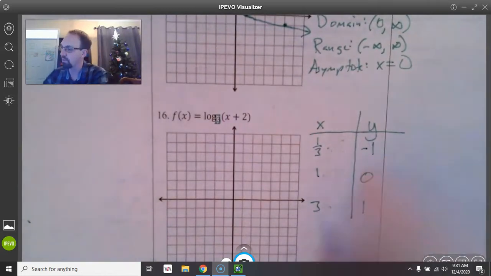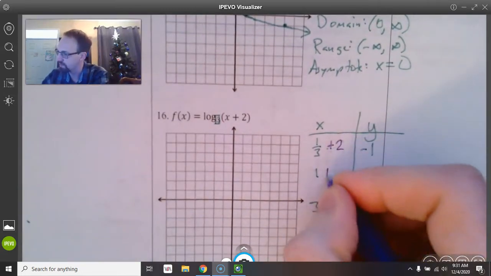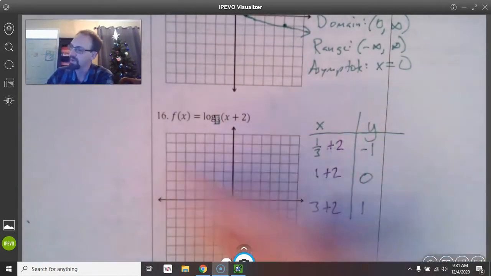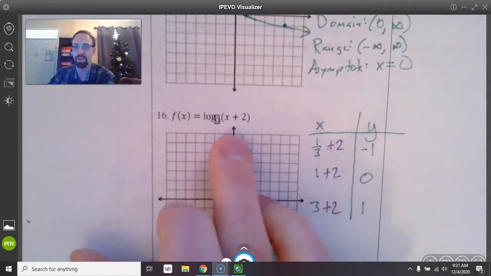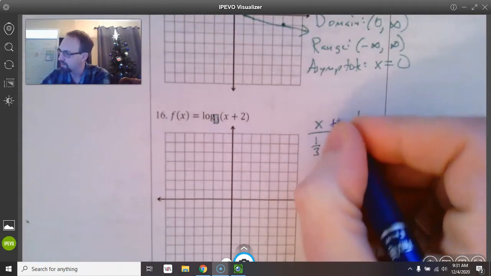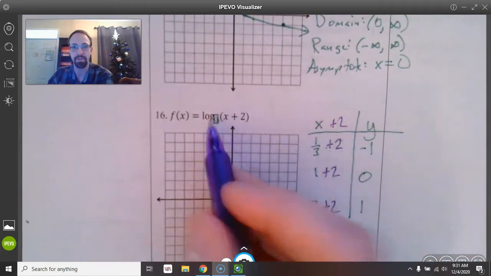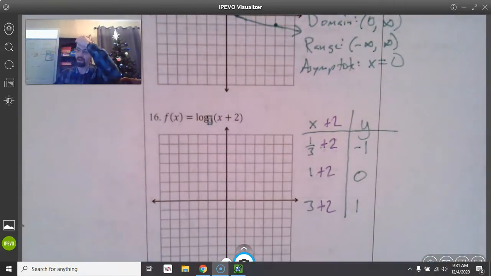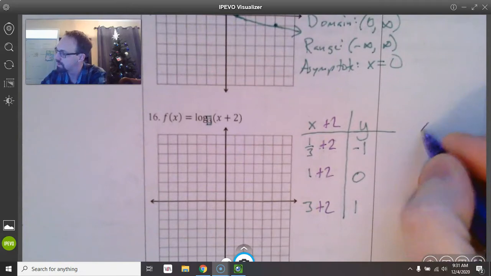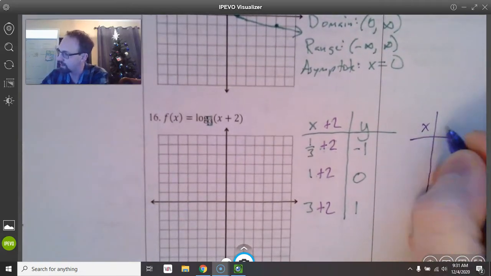I'm sorry. So +2, +2, +2, because each of those parts is being modified by that +2. So my x value is x plus 2. You can kind of see what's happening here. X plus 2, and then x plus 2 correlates. And so then my final one.